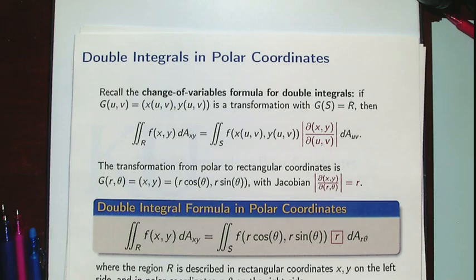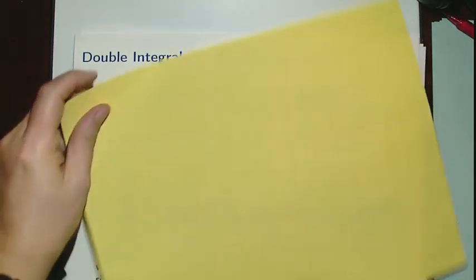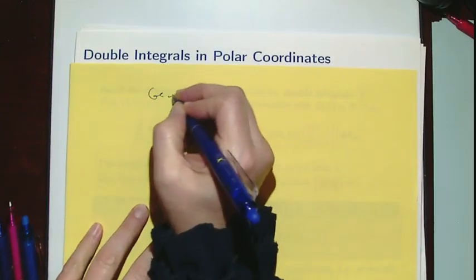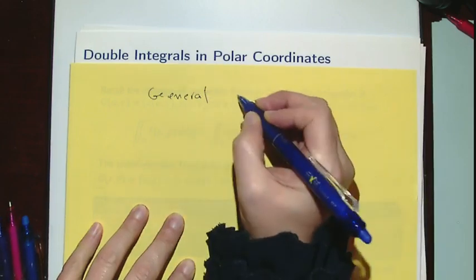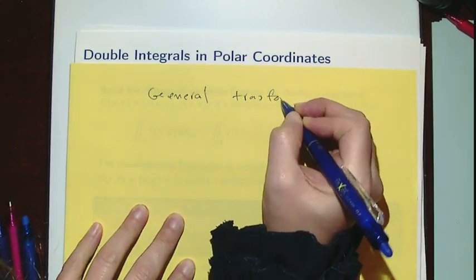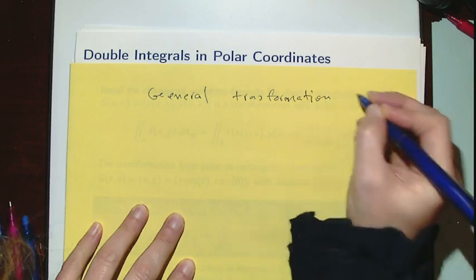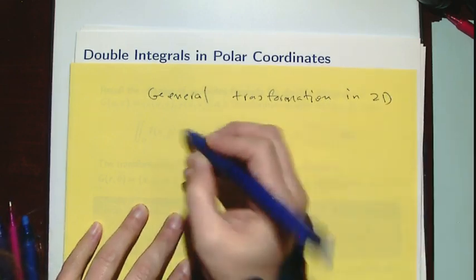I want to say, let's remember what a general transformation looked like. Sorry, guys. There we go. A general transformation into D looks like this.